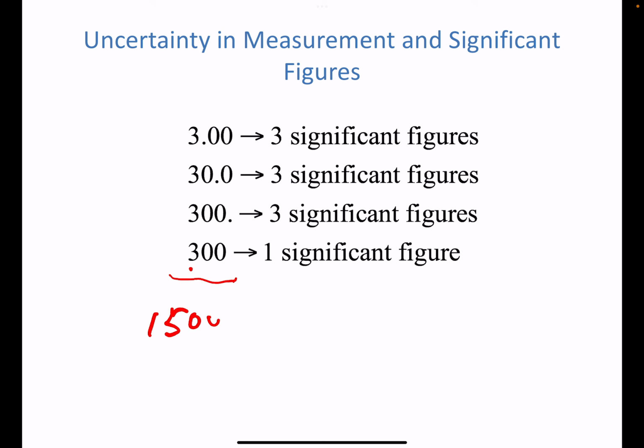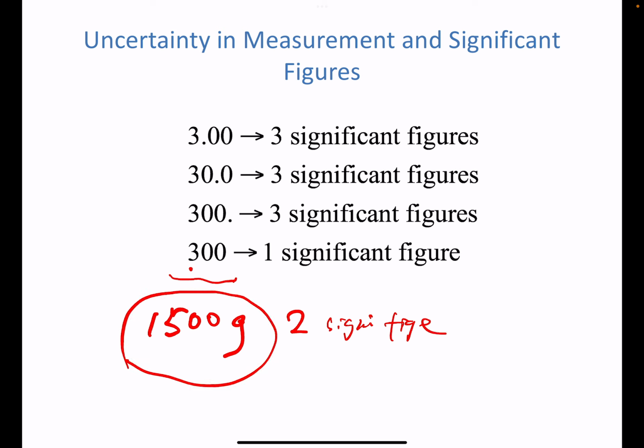So if you write this as in the previous slide, it only has 2 significant figures. So the uncertainty in this number communication is that I measured up to hundreds.